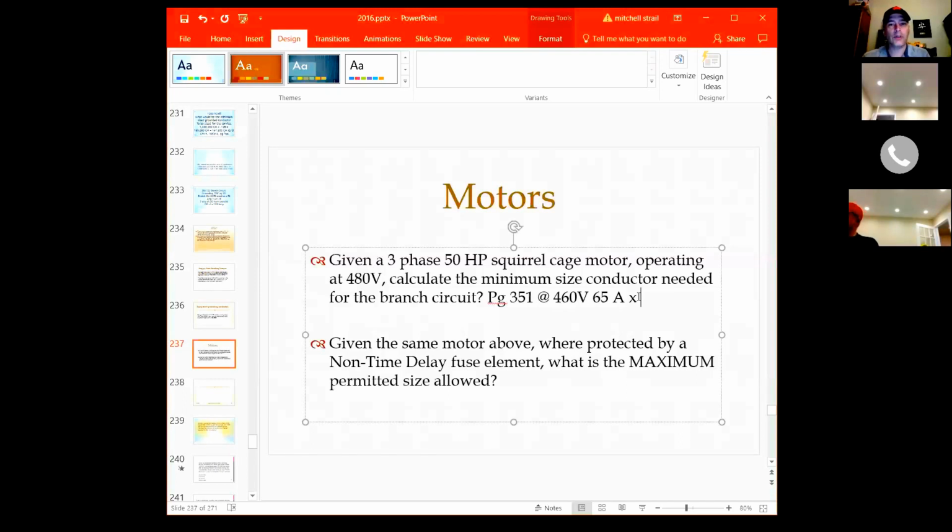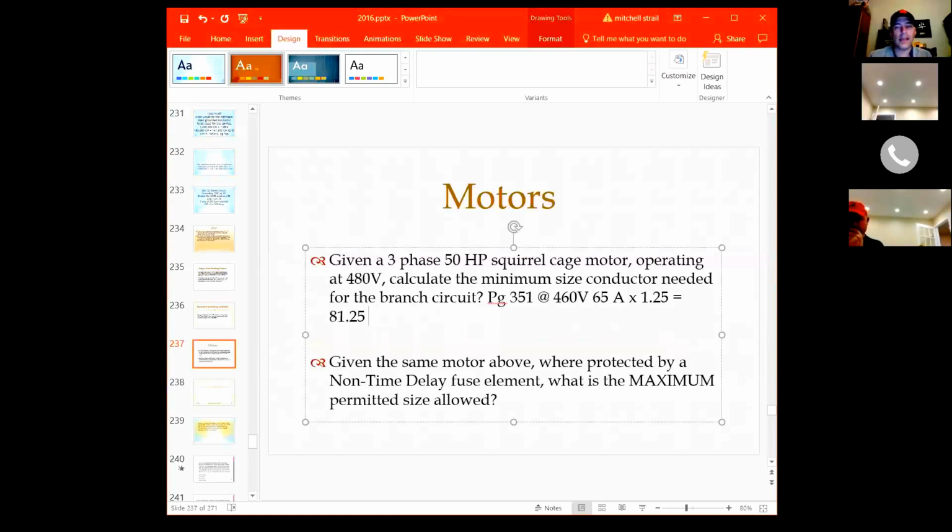So we multiply that times 1.25, and that gives 81.25. And I would go to page 161. I'd use the 75-degree column. Yes, sir. And you've got 65 at number 6 and 85 at number 4.